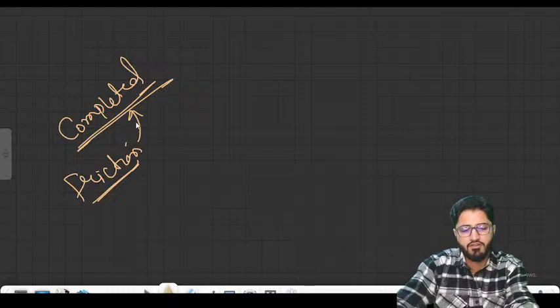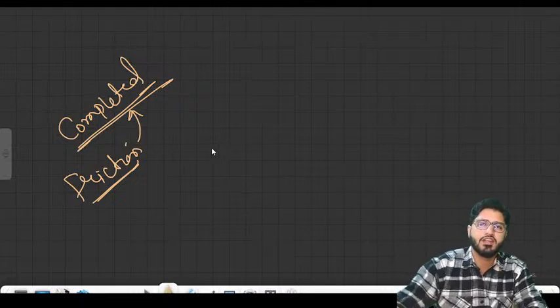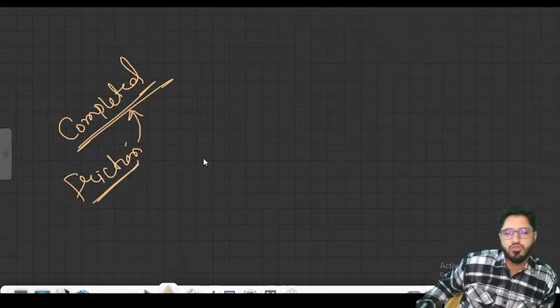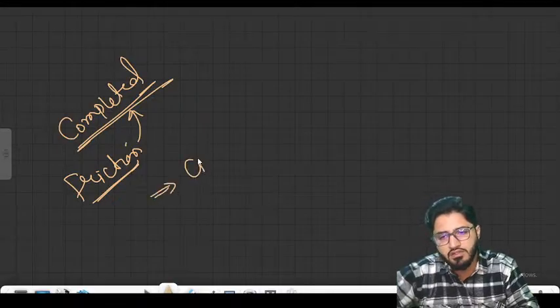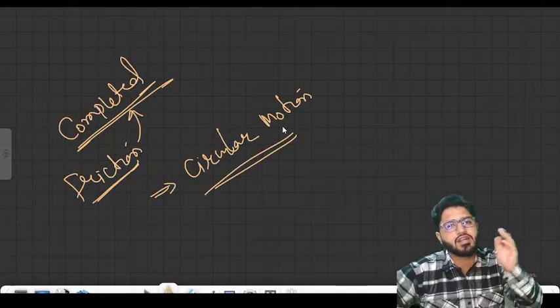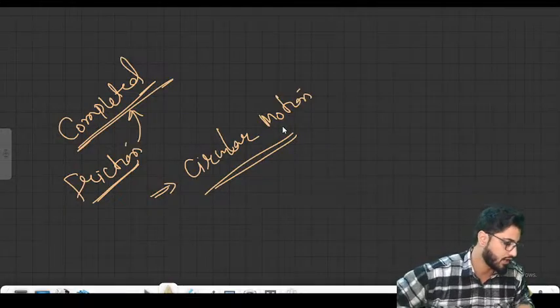Now, from tomorrow onwards, there is one more friction, rolling friction, that will be completed in rotational motion. So tomorrow we will start circular motion, and there will be separate numerical sessions for all these lectures. Don't worry about anything.